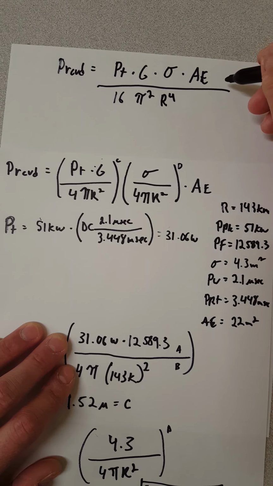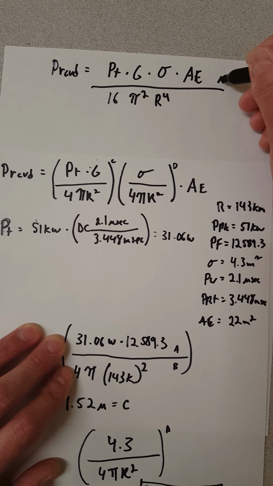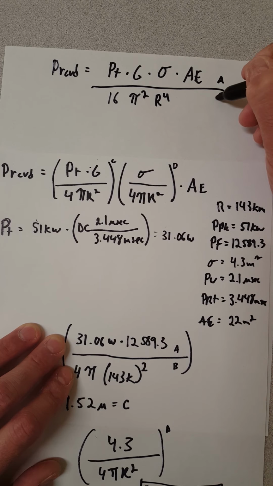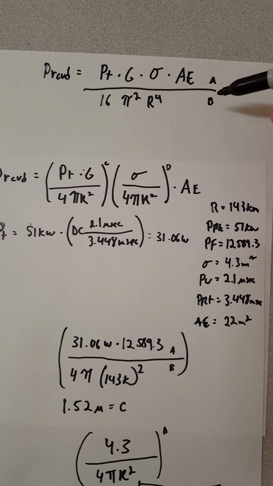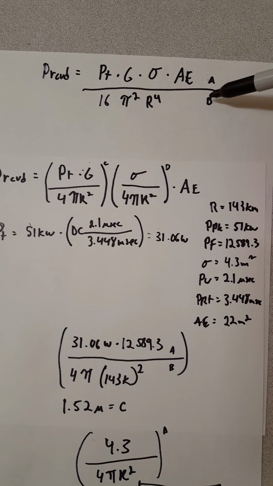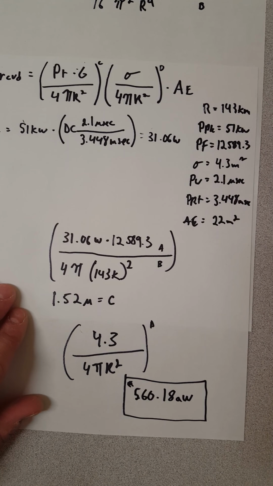And if you wanted to do this in your calculator, the way that I would do it most efficiently is save the top part as an A, save the bottom part as a B. Do those separately instead of trying to do this all in one run. You'll have better luck at it. But we'd get the same answer. If we did the A divided by the B, then we would get the same answer, 560.18 attawatts.